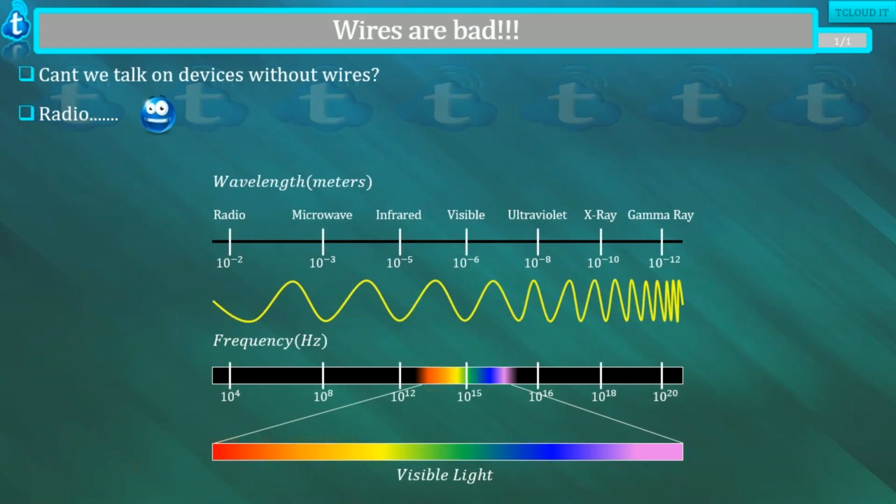Radio is basically an electromagnetic wave. There are a lot of different types of electromagnetic waves. Every electromagnetic wave will possess two properties called frequency and wavelength. There are other properties also, but these are two of them.